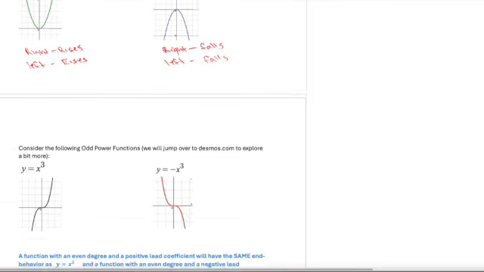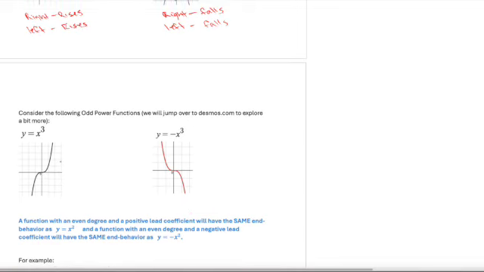So now let's consider odd power functions similarly. I'm going to think about x cubed. We know what the graph of x cubed looks like. With respect to end behavior, to the right, the graph rises, and to the left, the graph falls.